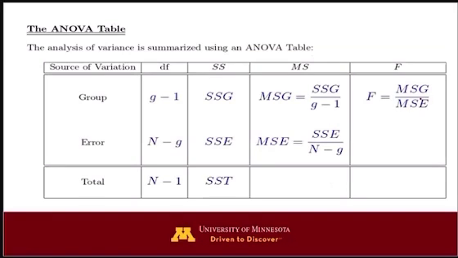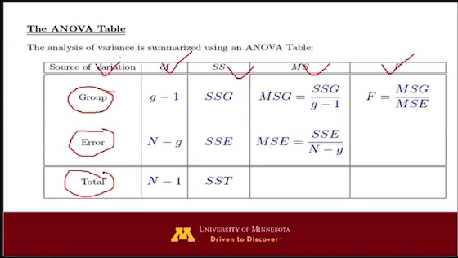In the ANOVA table, you need 5 columns: 1, 2, 3, 4, 5. Write the columns: source of variation, degree of freedom, sum of square, mean square, and F. After writing that, you write group, error, and total.